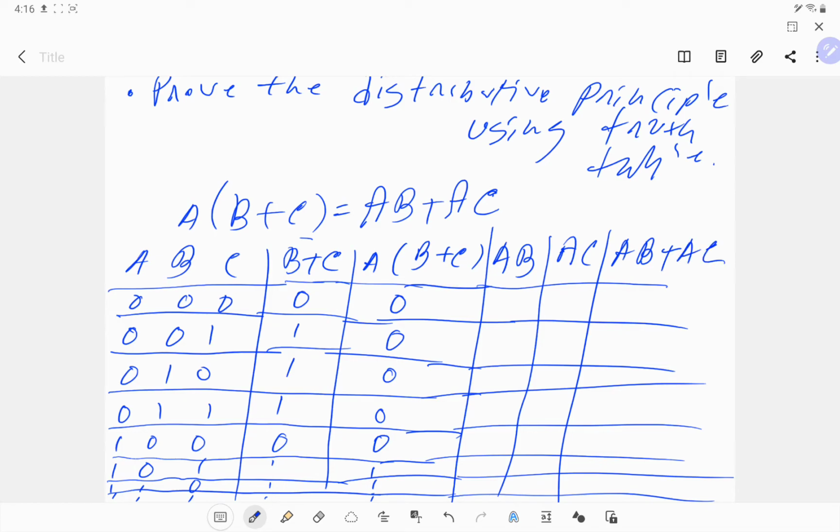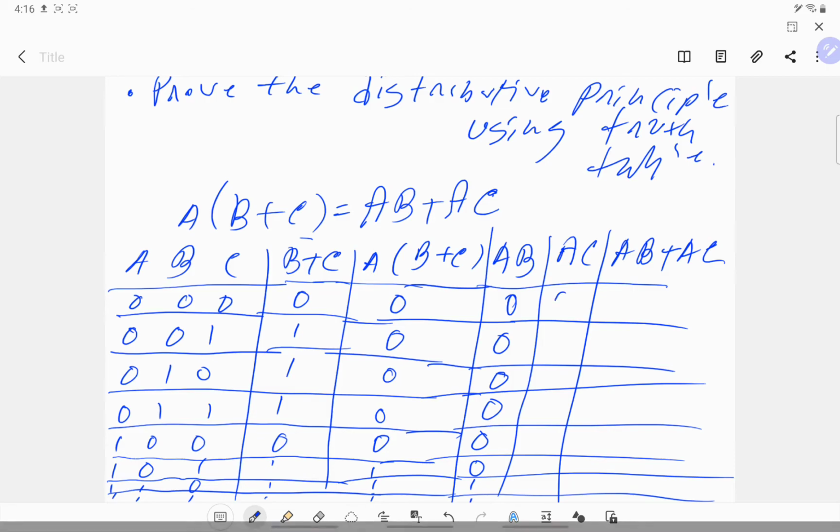So now AB is 0 0 0 0, and again 0, 0, 1, 1. For AC, 0, 0, 0, 0, then 0, 1, 0, 1.